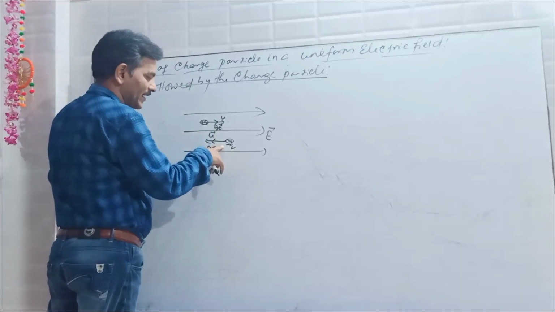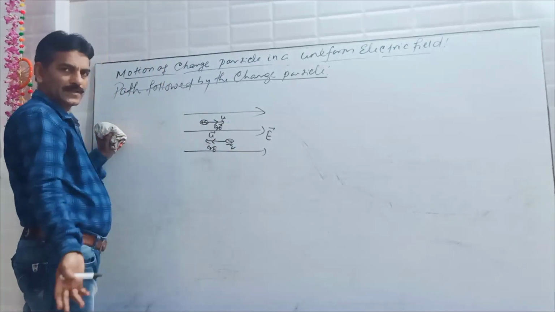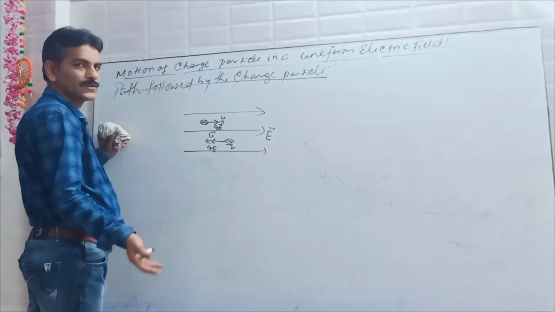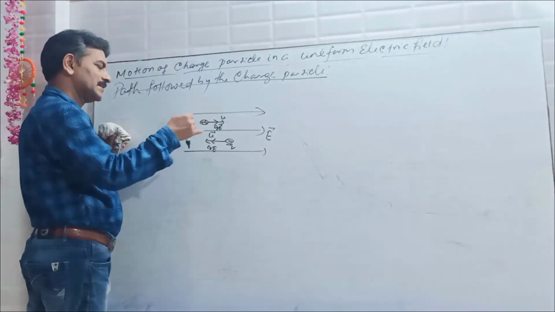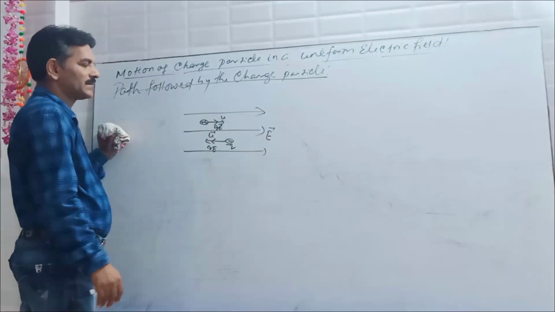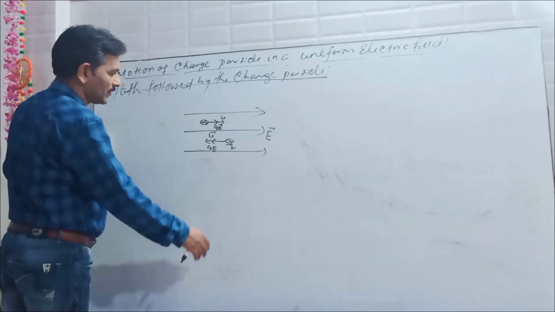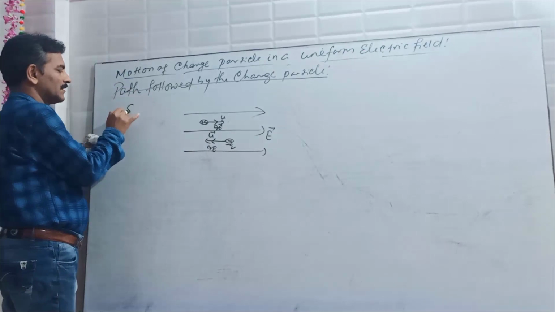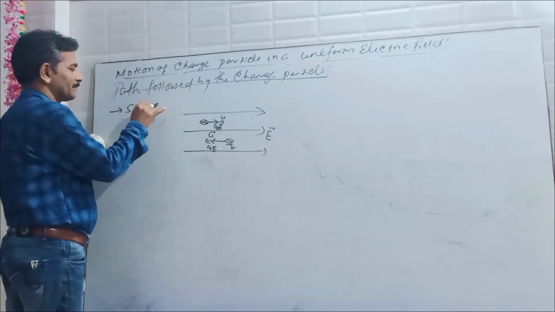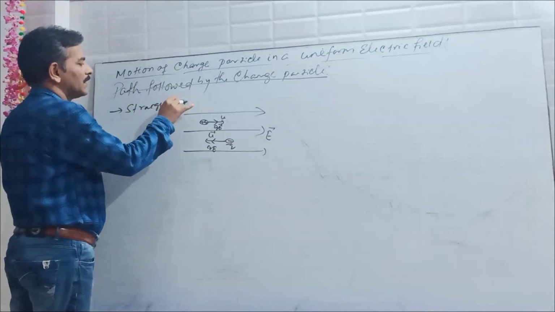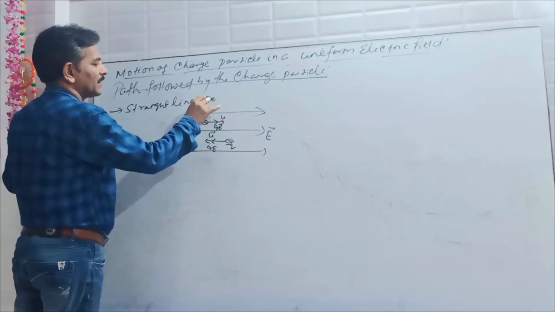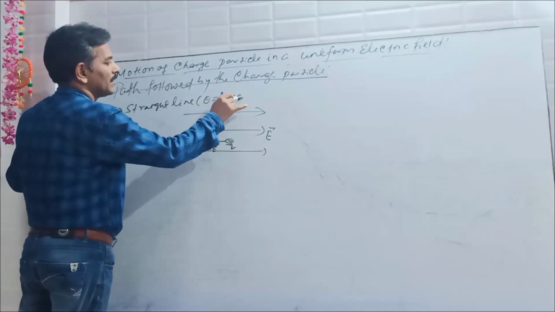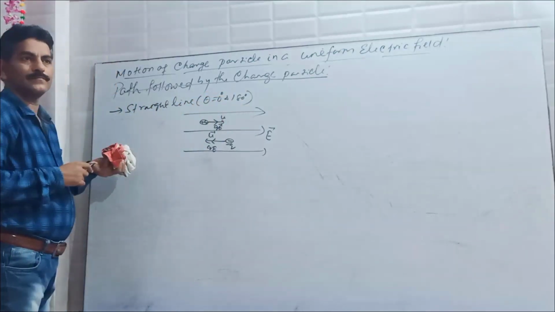And if a negative charge is projected opposite to the electric field, it will experience force opposite to the electric field, that is along the same direction as the projecting velocity. So the path followed will also be a straight line, or linear, for theta equal to 0 degrees and 180 degrees.